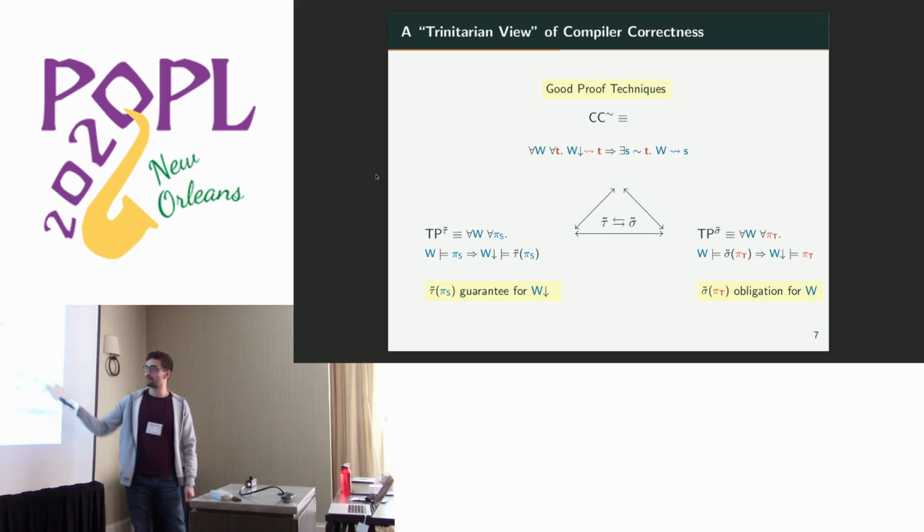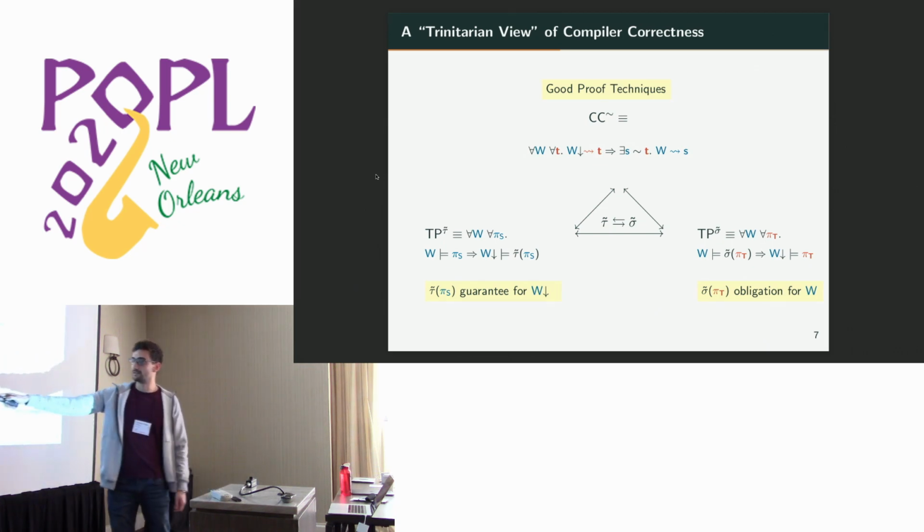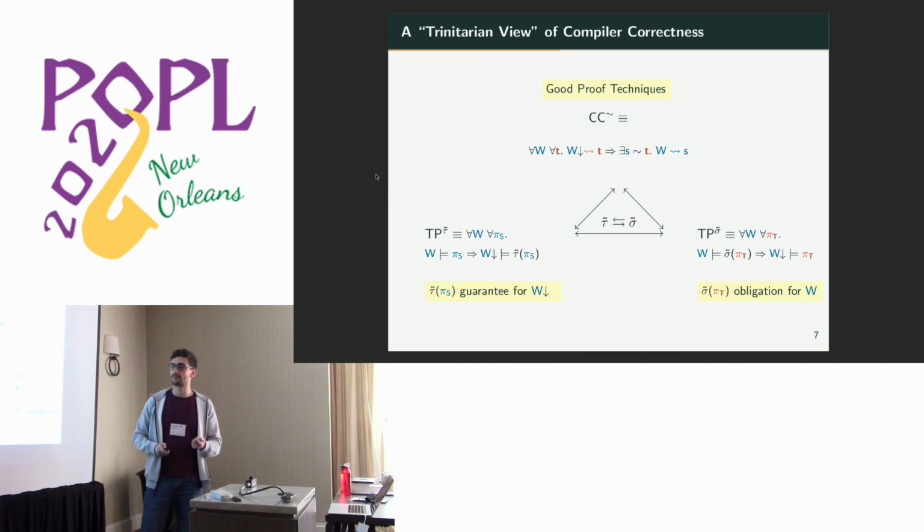And on the base of this triangle you have two criteria that talk about preservation of trace properties. And one here, TP tau tilde, will have this description of what are the guarantees, what is the property that is guaranteed after compilation. And on the other side, you will have sigma tilde of pi t, that is the property you should prove to hold on your source program if you want a certain target property to be satisfied after compilation.